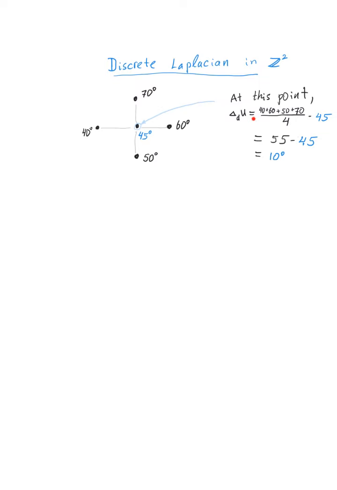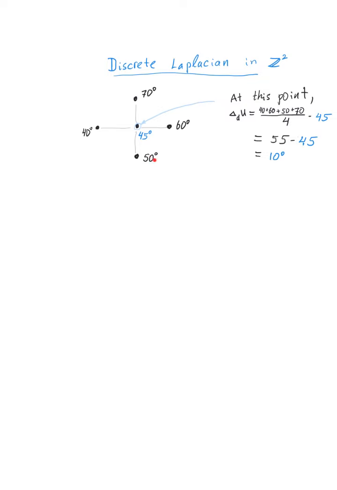On the two-dimensional lattice, we can define a discrete Laplacian similar to how we discussed the discrete version of the second derivative. So at a given point, we measure the difference between the average value of our function at the neighbors minus the value of our function at the given point.